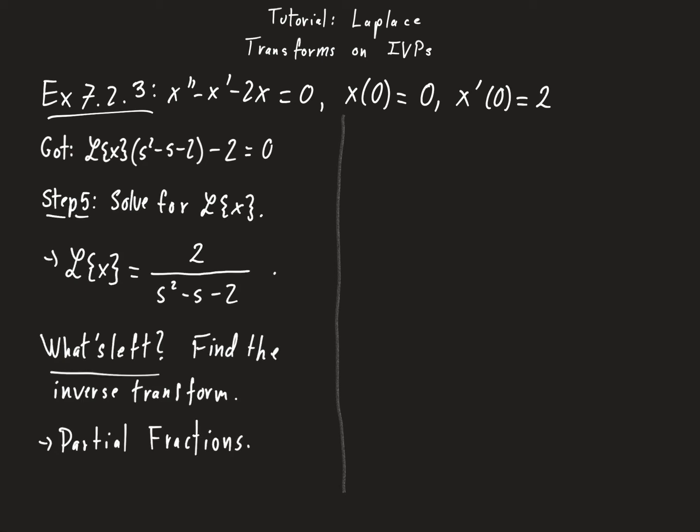So what we're going to do in this phase is just do partial fractions. For partial fractions, the next step is to factor the denominator. We see that the Laplace transform of x is equal to 2 divided by s squared minus s minus 2, and you can see that this factors into s minus 2 times s plus 1.